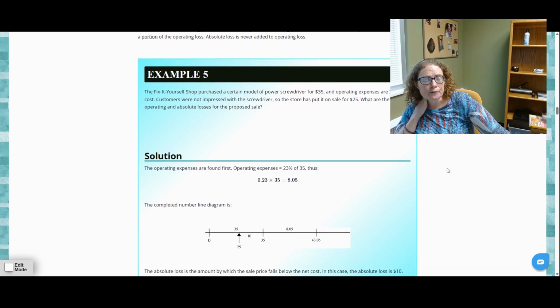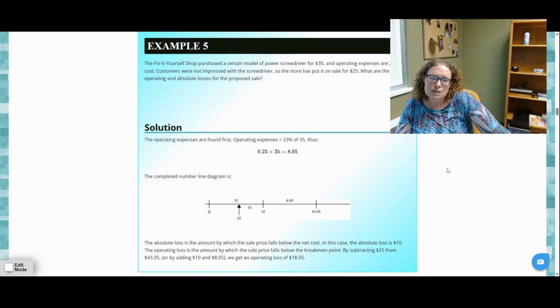So if we look at this, it says a fix-it-yourself shop purchased a certain model of power screwdriver for $35 and operating expenses of 23% of cost. Customers were not impressed with the screwdriver, so the store had to put it on sale for $25. What are the operating and absolute loss for that sale?